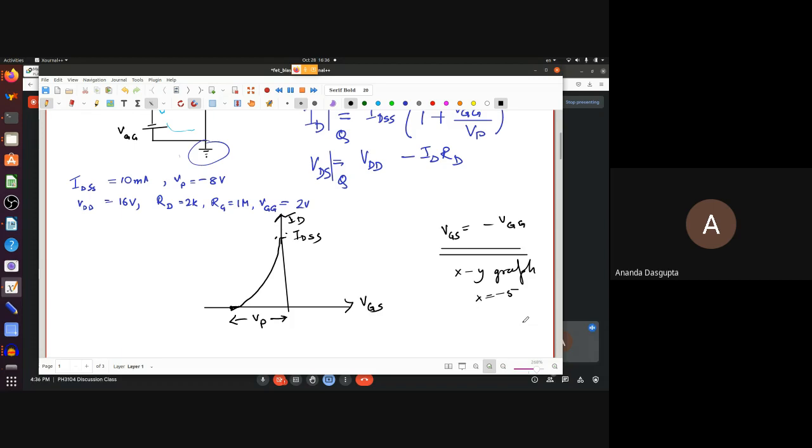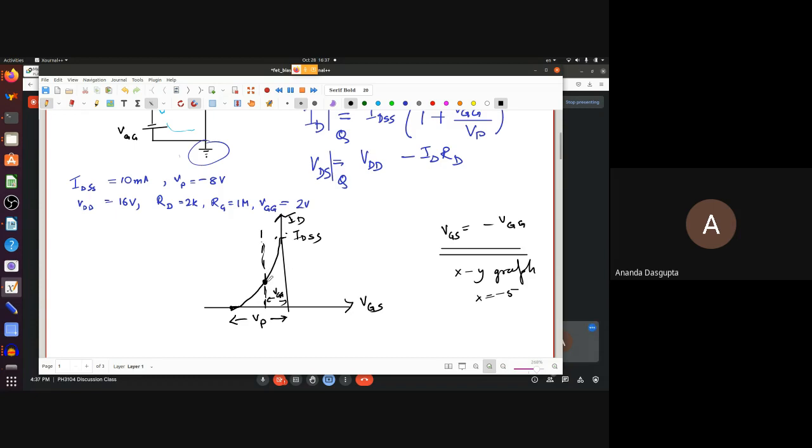Parallel to the y-axis. Yeah, it looks like a vertical straight line, right? VGS is some negative constant. That's just a vertical straight line. This side is VGG. That's the other graph. And where they intersect, this point gives you your quiescent point value.